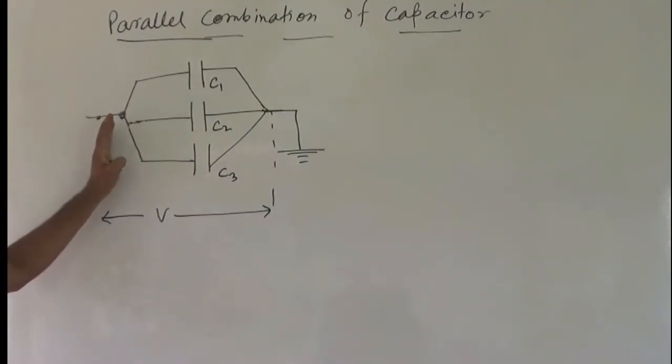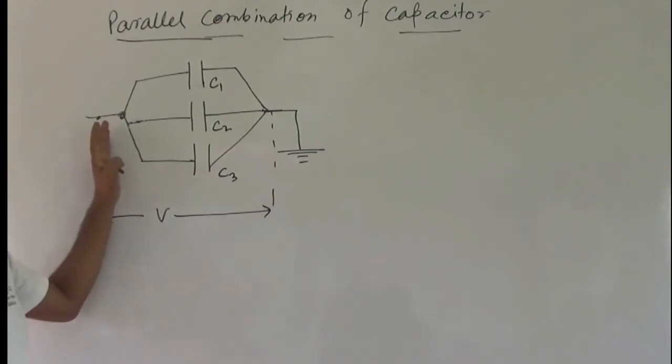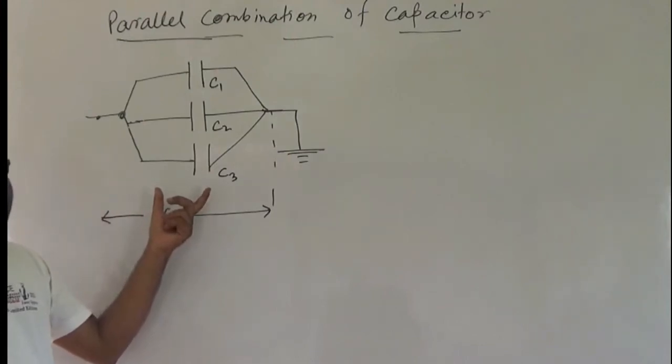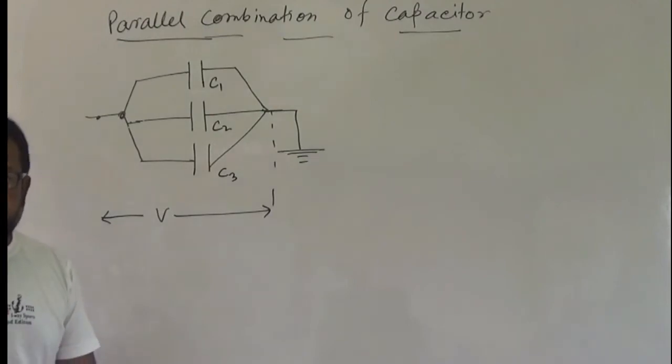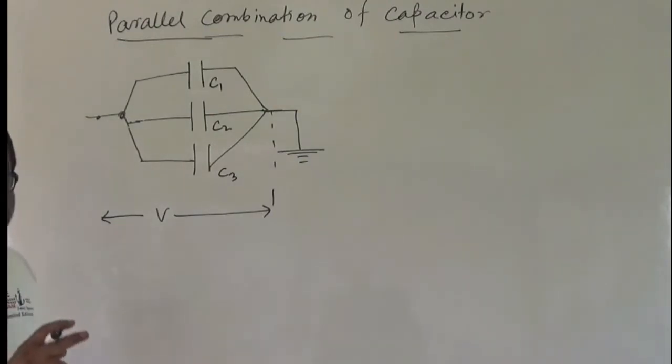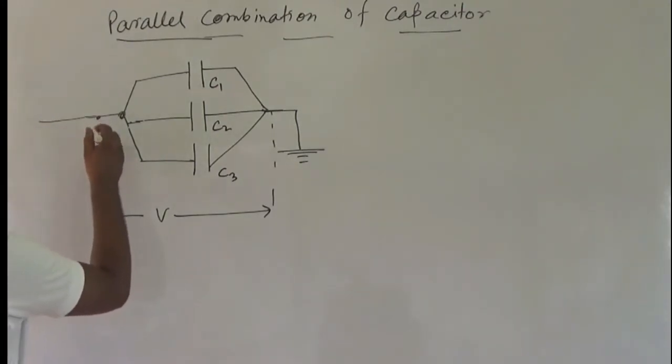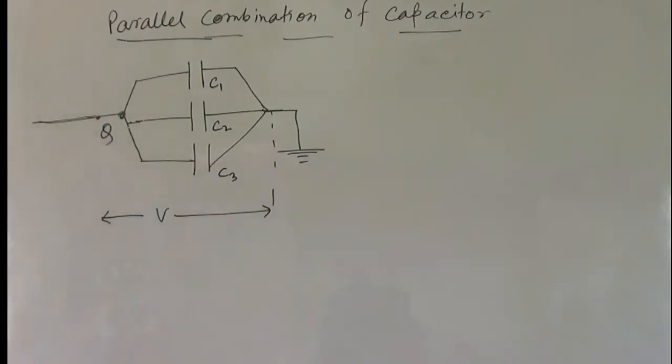Then in this case the potential difference across the two plates of each capacitor will be the same, and that is taken as V. Now if from the voltage source Q charge is given, then this Q charge will be divided into three capacitors.